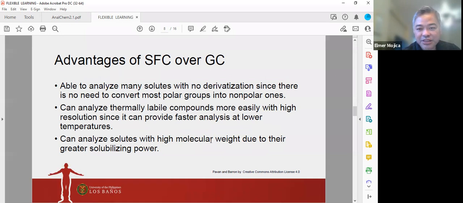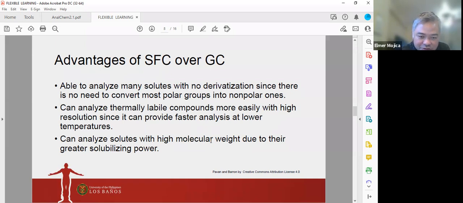Remember the issue that we have with GC: if you have a non-volatile substance, you have to derivatize it. But with SFC, you don't need to do that. There's no need to convert most polar groups into non-polar ones through derivatization. You can analyze thermally labile compounds more easily.